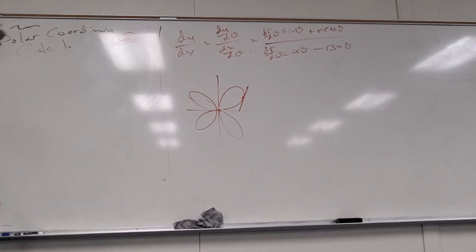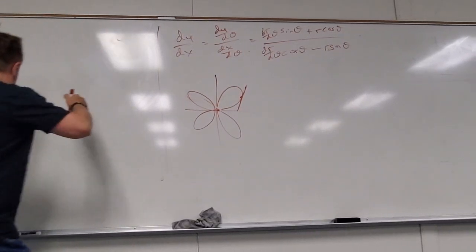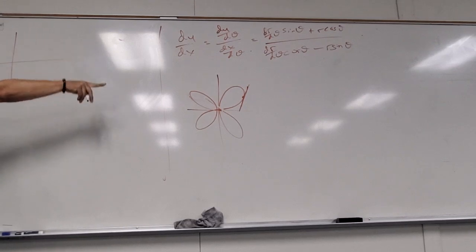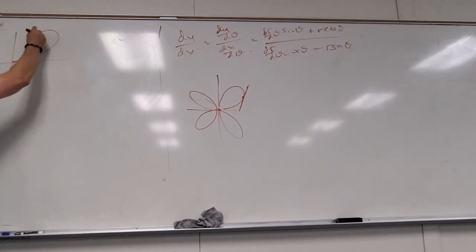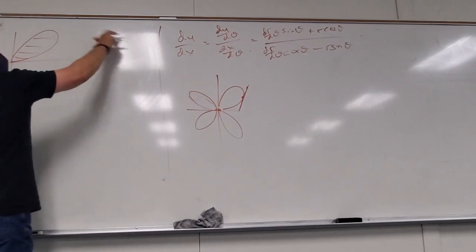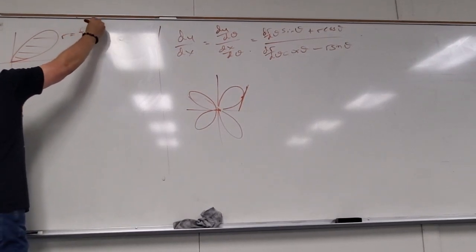Okay. So, what if I have a polar function? Let's say one thing of this. And I want to know the area of that leaf. What does it sound like I want to do? Area. I want to integrate. Yes? Okay. So I'm given an r as a function of theta.